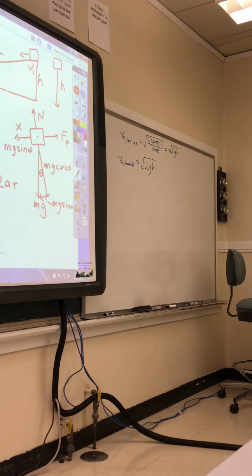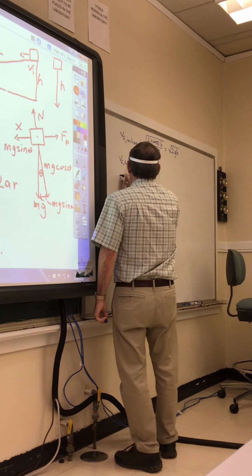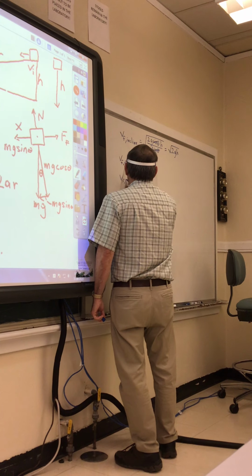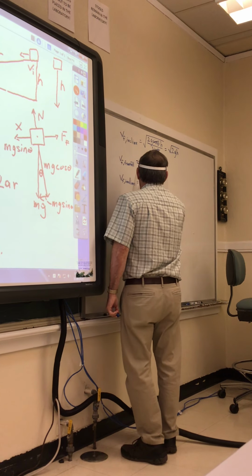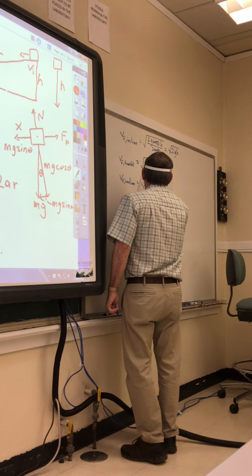So, what are the speeds of the two blocks? Are they the same or are they different? They're the same. So, the speed of the incline block is equal to the speed of the free fall block.